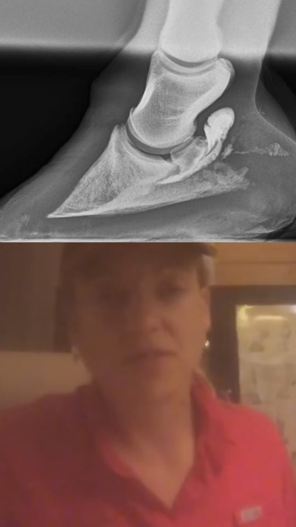The initial stages of navicular disease are really insidious. They're hard to tell. The horses may be a little bit off one day and then maybe fine the next day, and that goes on for a while. And then usually what happens is eventually people have the vet out and they'll do a nerve block in one foot so the horse can't feel that foot, and then they're lame in the other foot.